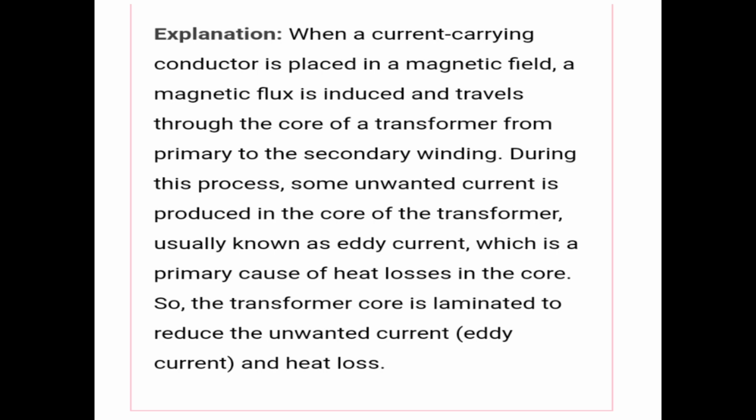During this process, some unwanted current is produced in the core of the transformer, usually known as eddy current, which is a primary cause of heat losses in the core. So the transformer core is laminated to reduce the unwanted eddy current and heat loss.